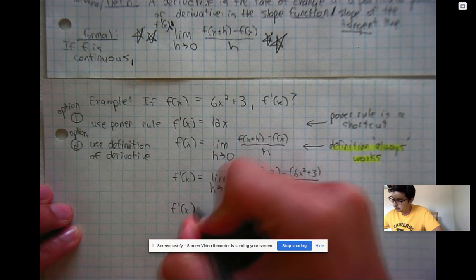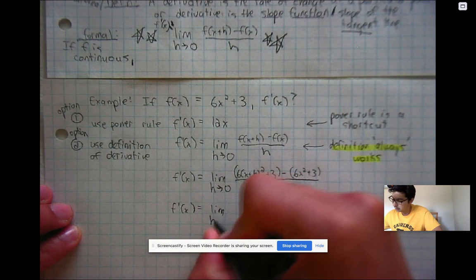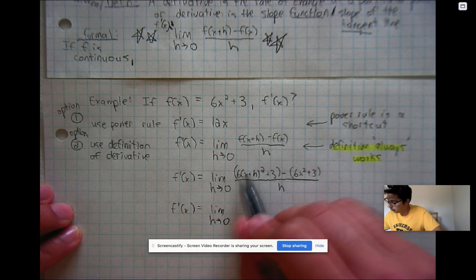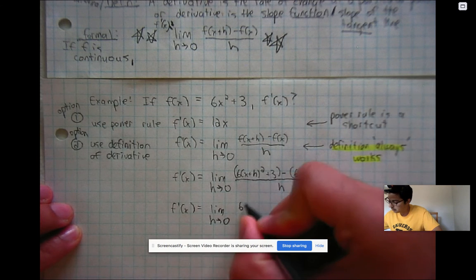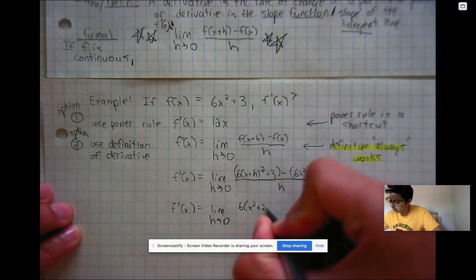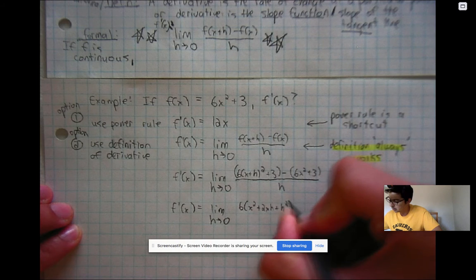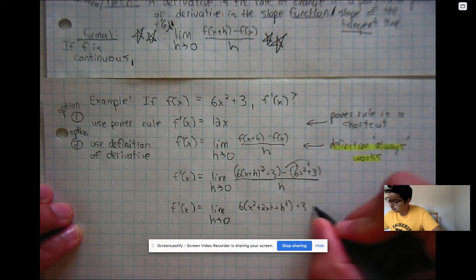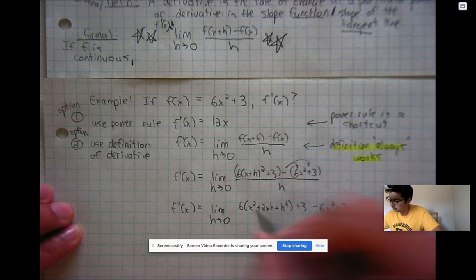Keep going. We get f prime of x is equal to the limit as h approaches 0 of, now this will be, I'm going to multiply this out, so that's going to be 6x squared plus 2xh plus h squared plus 3. And now I'm going to distribute that negative over minus 6x squared minus 3 over h.